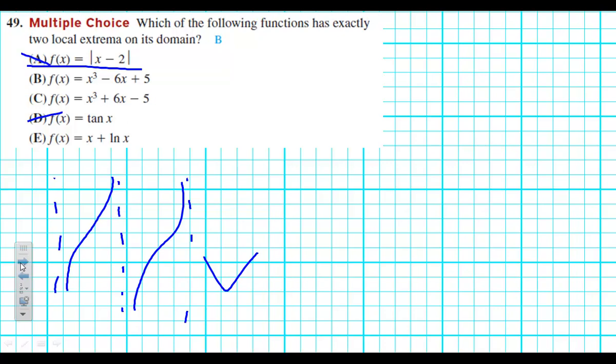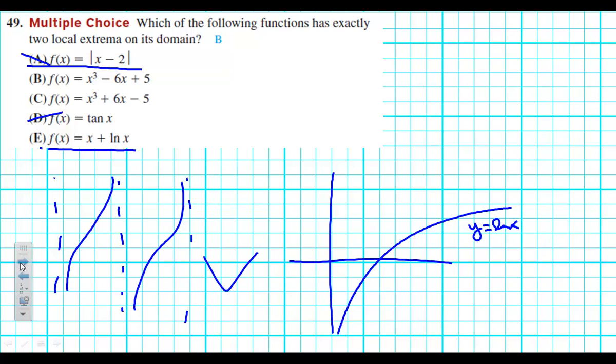All right. So now what do we have left? We have 2 cubic functions and that one. That one's going to be like, it's going to be 1 over x. Well, I'm just thinking about what I know about the graph of natural log x. The graph of y equals natural log x looks a lot like this.